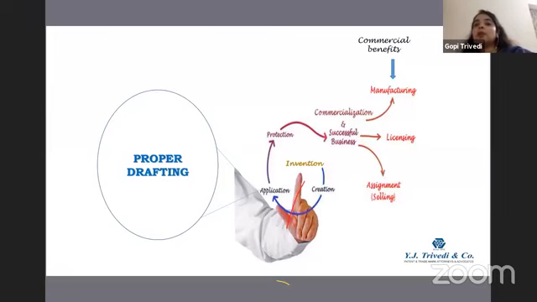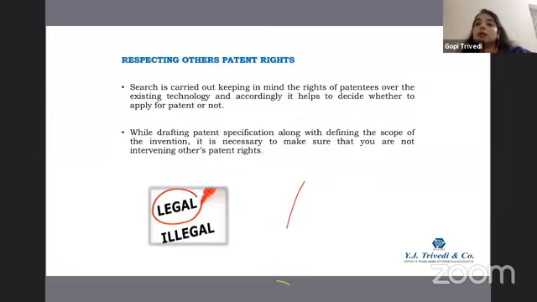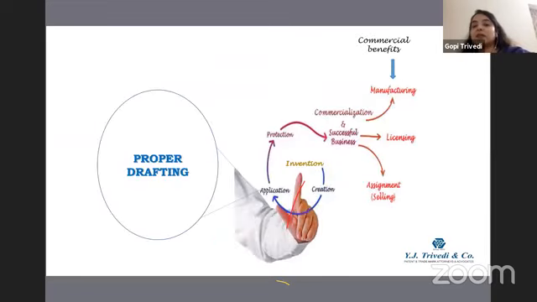This is a thought you have to keep in mind while preparing the patent specification. So my proper drafting will lead me to a successful grant, successful implementation, and will not invite the worries of infringement and other legal actions.